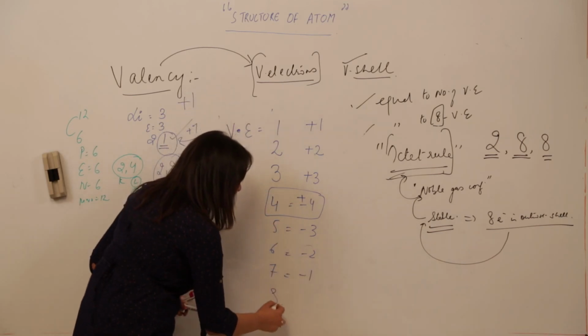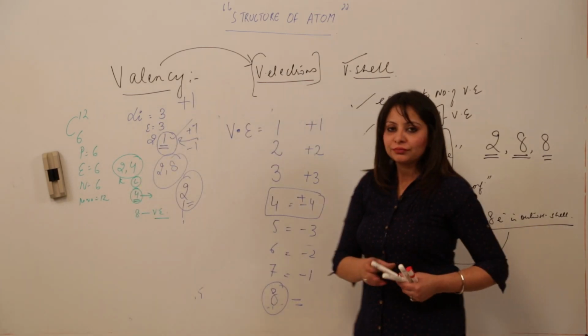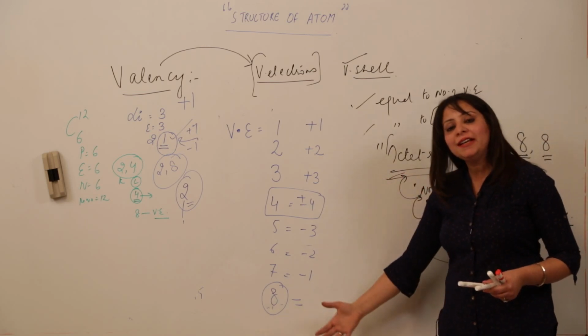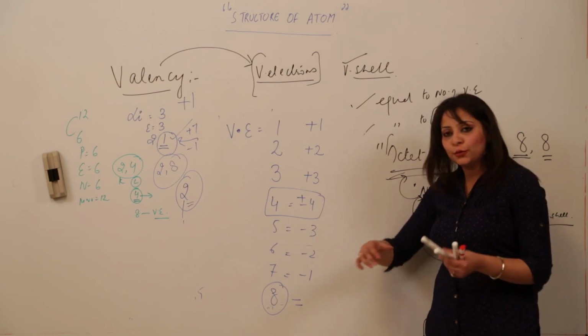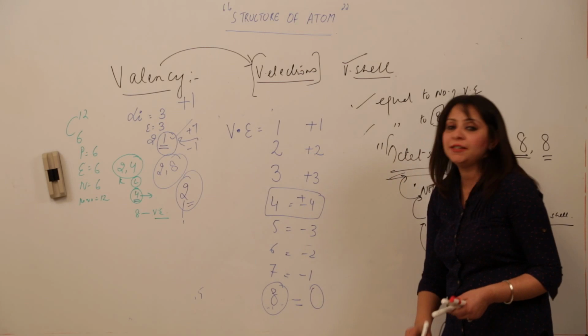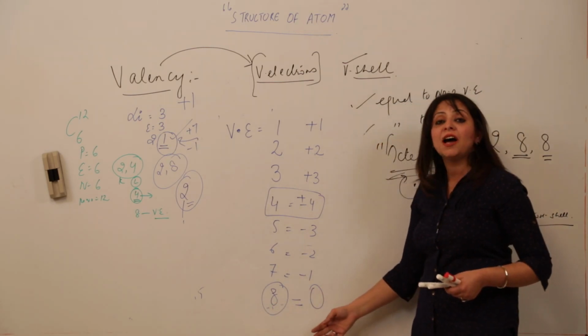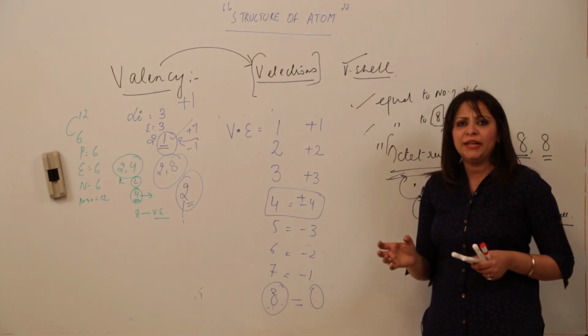And if it is 8, then tell me, if it is 8 then that means octet is complete. It has already got the stability, the noble gas configuration. It doesn't have to lose or gain electrons. So its valency is 0. And those elements whose octet is already complete, you don't need to lose or gain or shuffle any kind of electrons.